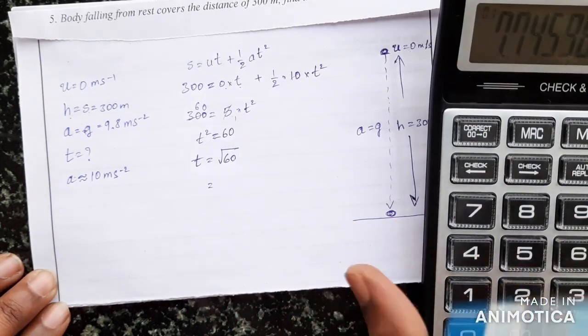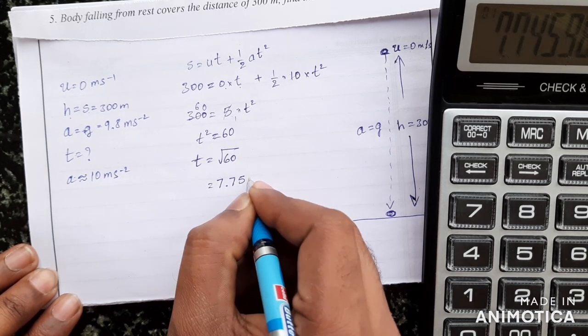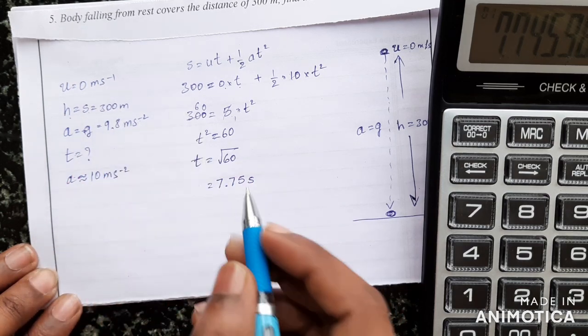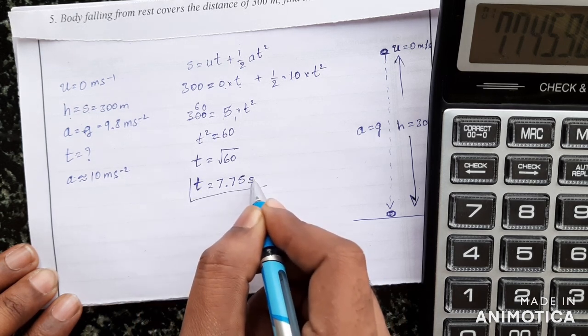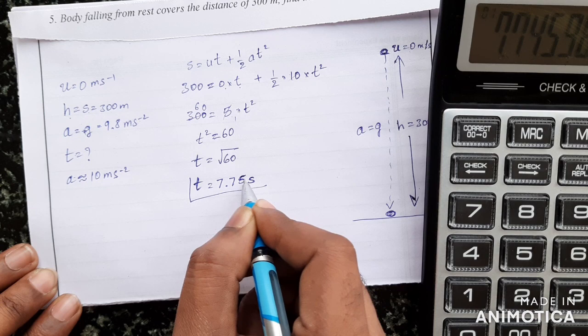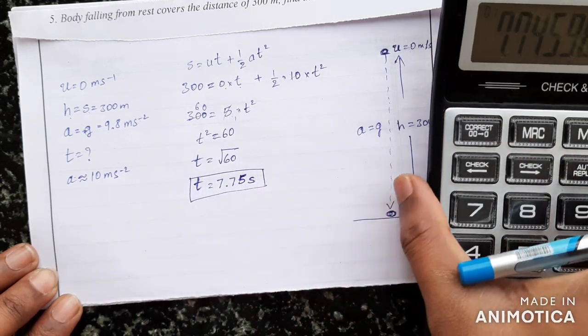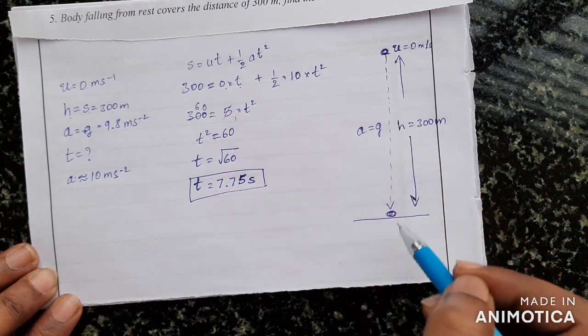So that will be 7.75 seconds, because here it is meters per second squared. So 7.75 seconds is the time taken by the body to fall 300 meters of depth.